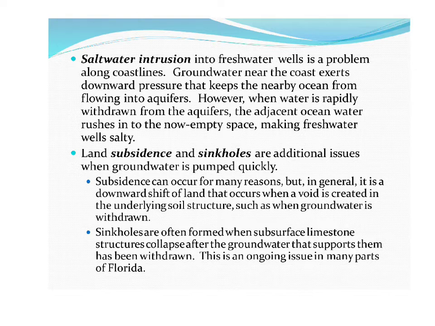So you've got fresh water underneath the ground, saturating the soil, and it's exerting a downward pressure so that the ocean water cannot flow into these aquifers. But when the groundwater is withdrawn from the aquifers, especially if it's withdrawn rapidly at a rate where the percolation can't recharge it, the adjacent ocean water rushes into that empty space and it makes freshwater wells salty.